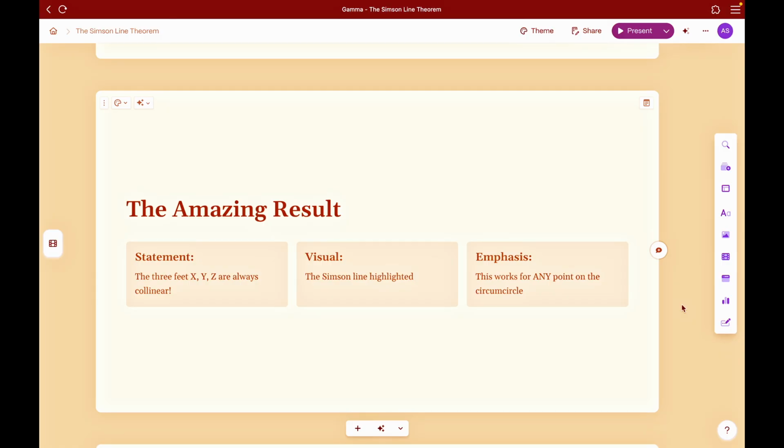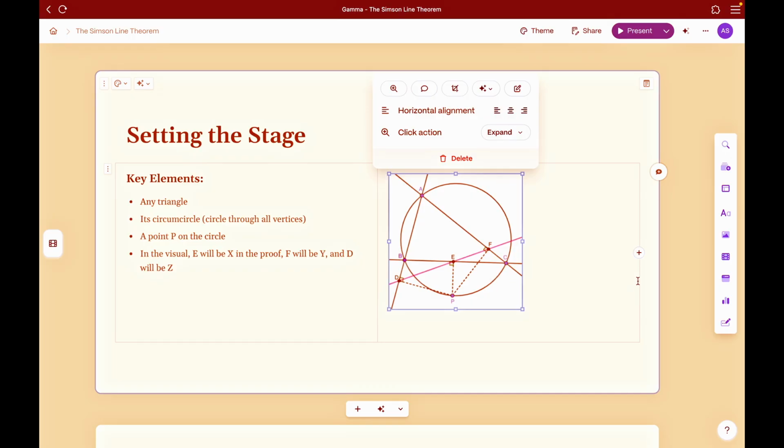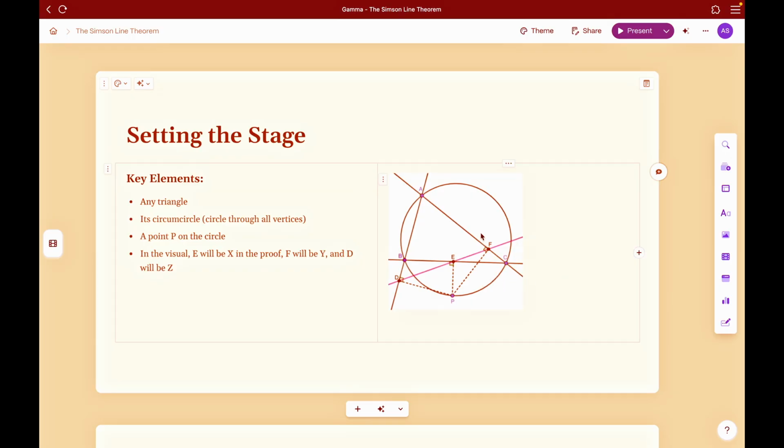And to emphasize, this works for any point on the circumcircle. So let's move P. If we move it over here and draw perpendiculars to everything, it will also form a line.